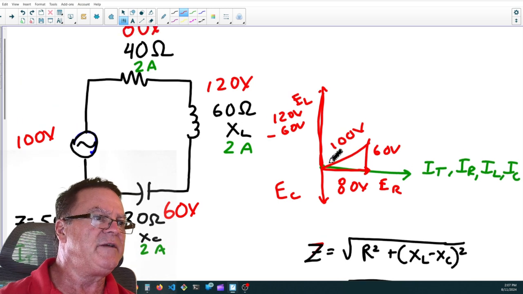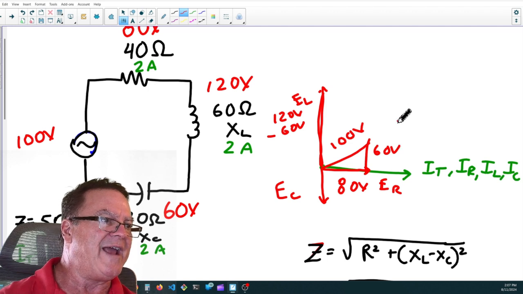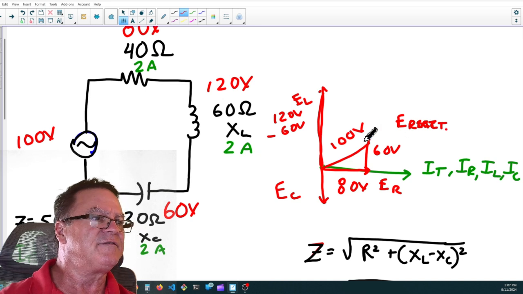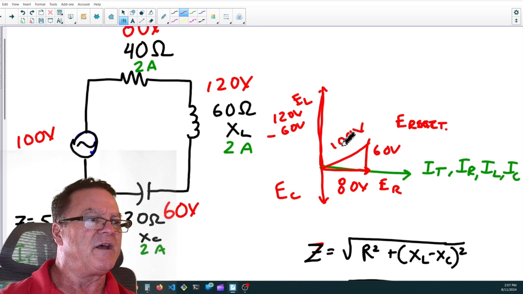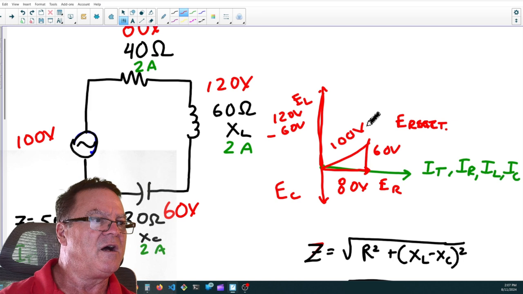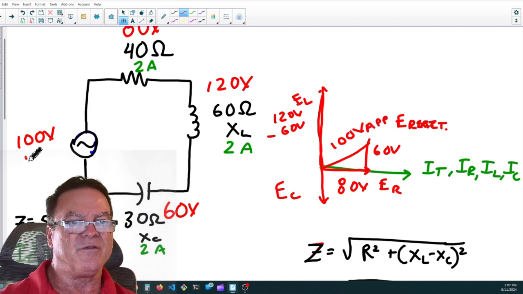Here's vectorially. You take the smaller and subtract it from the larger. They're 180 degrees out of phase with each other. You end up with 60 volts of reactive voltage drop at 100 volts, applied voltage, 100 volts applied.